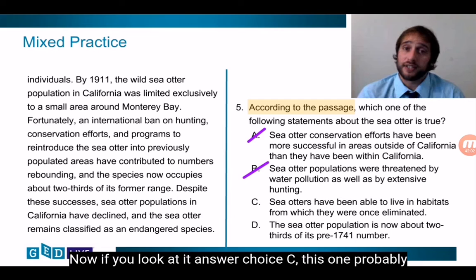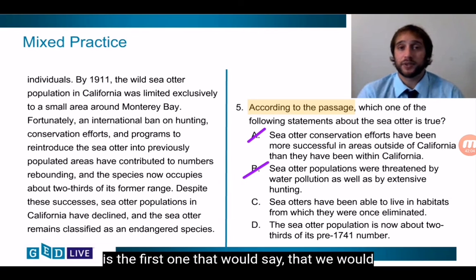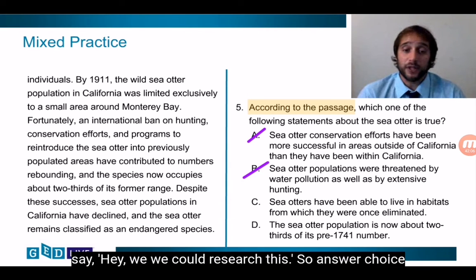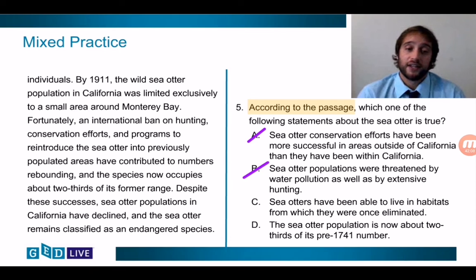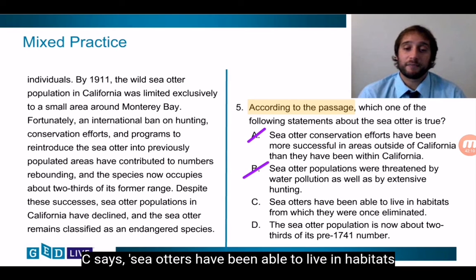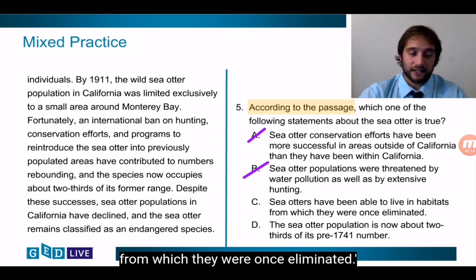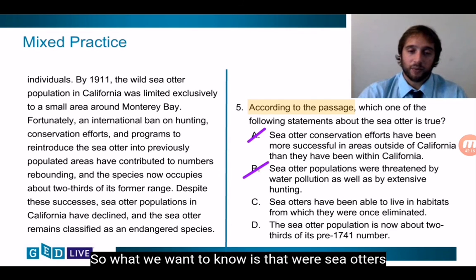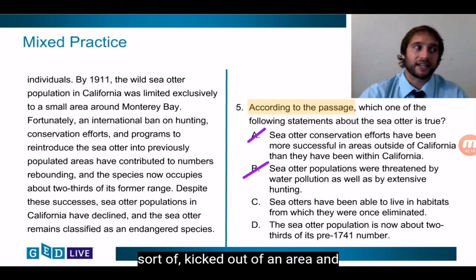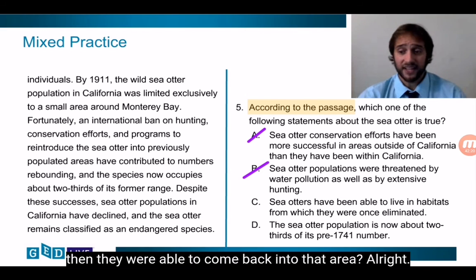Now, if we look at answer choice C, this one probably is the first one that we would say, hey, we could research this. Answer choice C says sea otters have been able to live in habitats from which they were once eliminated. So we want to know: were sea otters kicked out of an area, and then were they able to come back into that area?